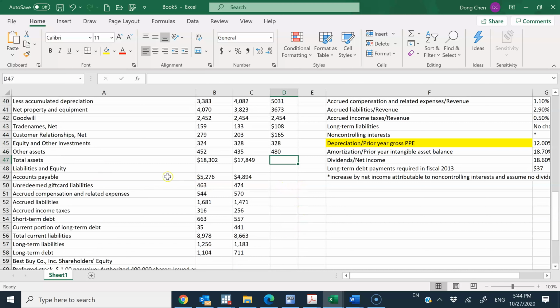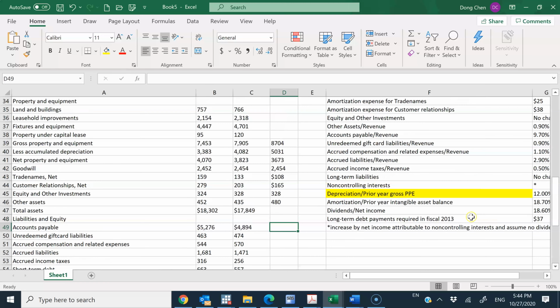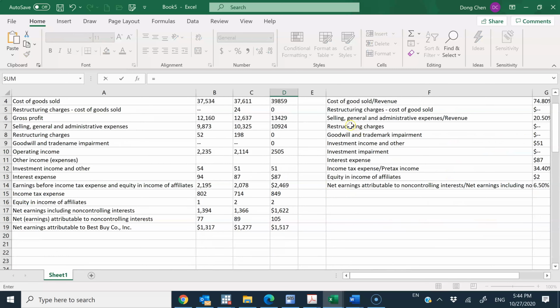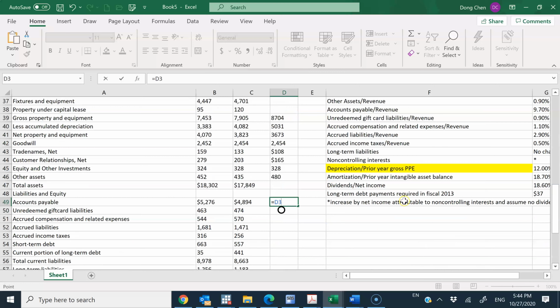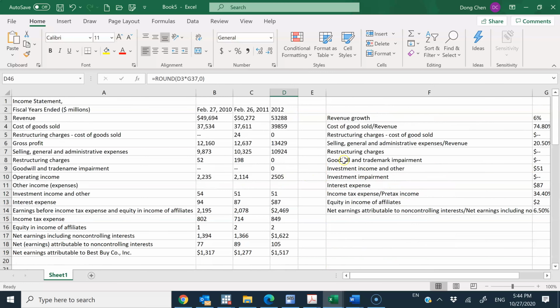So the first item is accounts payable. Let's go back to the assumption table here. Accounts payable is also a sort of a percent of sales. So it equals the new sales. It's right here. And then I think I have to make sure, yes, it's D3.